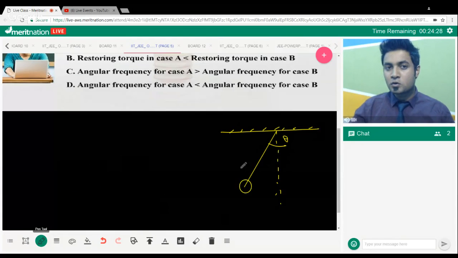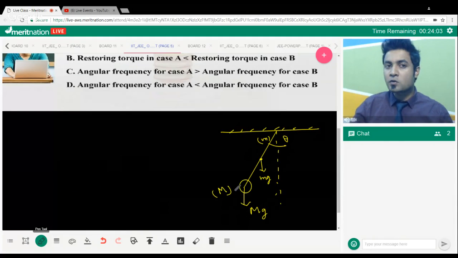As this rod has a small mass m and this disc has a capital mass M, the center of mass of the rod is somewhere at the center. Here it acts like mg, the weight of the rod, and the weight of the disc acts vertically, capital Mg.